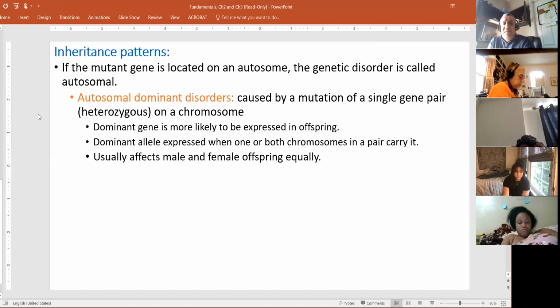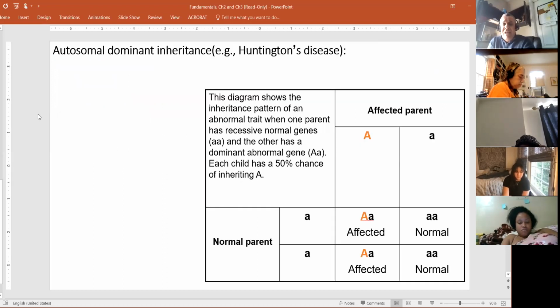The dominant, like in HD, for example. Look at the HD, the affected parent and the normal parent, because of the diseased allele. Each parent should have two alleles, one recessive, one dominant, which is the diseased one, right? So the dominant is the uppercase A, which is the diseased one, and the recessive is the lowercase a.